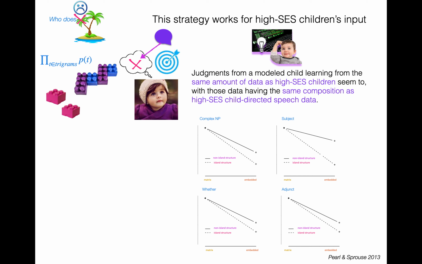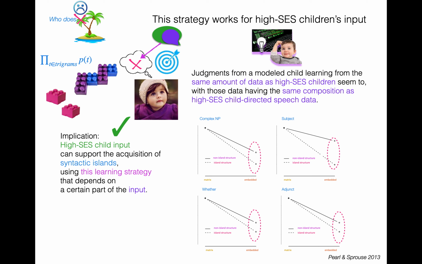We have all four island types: complex NPs, subject, whether, and adjunct. And in each case, we're seeing those non-parallel lines, right? We're seeing superadditivity present for all four islands, that qualitative pattern that we're looking for to indicate knowledge of syntactic islands.